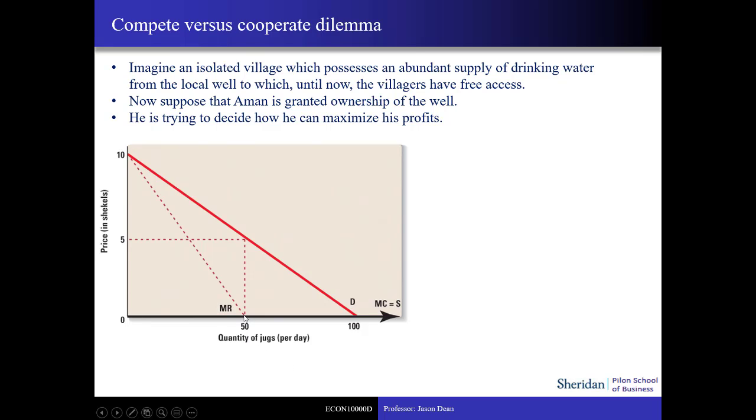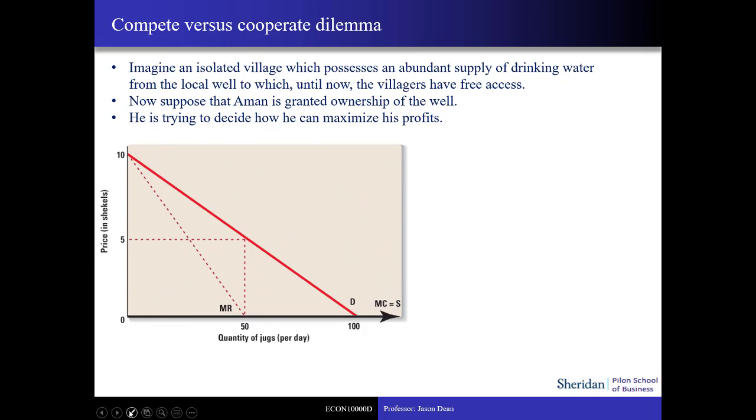The marginal revenue is going to intersect the horizontal axis at the middle of the demand curve. So Aman, if he wants to maximize his profit in this case, it would actually be the same thing as maximizing his revenue, because the marginal costs are 0. And so we know from our elasticity chapter that occurs at the center of the demand curve.